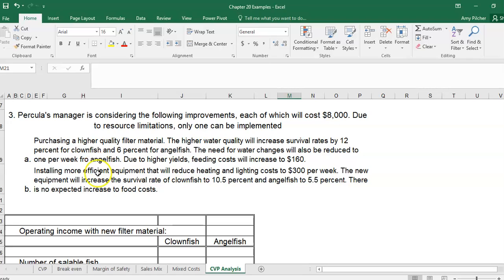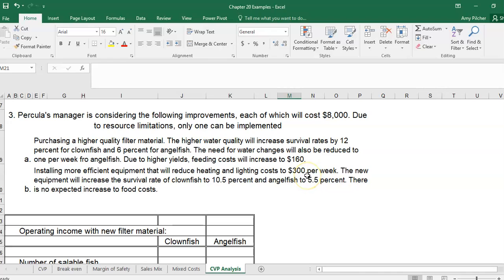Or the other choice is to install more efficient equipment that will reduce heating and lighting costs by $100 per week. This will also improve the survival rate, but has no expected increase to food cost. So if we could make this $8,000 investment, then what would our changes be?